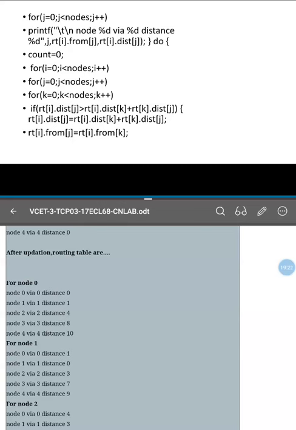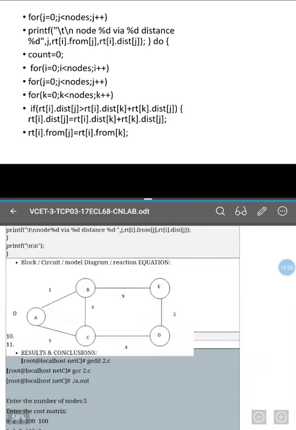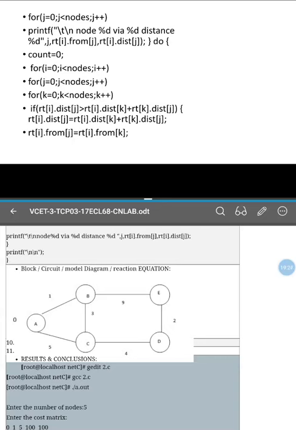Now consider any other distance from the node. For example, consider here RT of I dot dist of 1. Dist of 1 also, this distance itself is smallest. So this distance is not greater than any other, so it will not be updated. In case it is greater, it will be discarded and the least is stored. That is what is done.